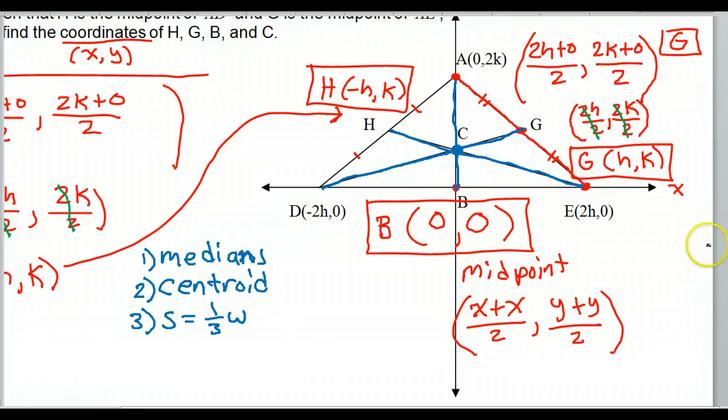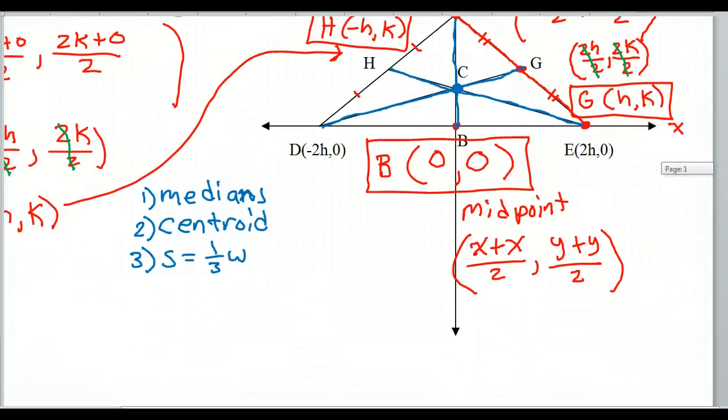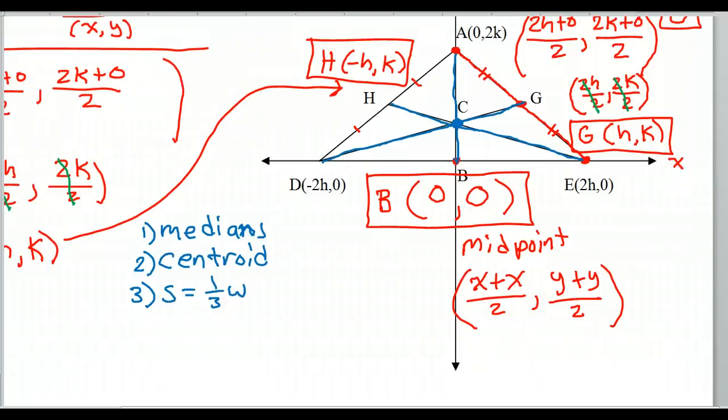Well, look, our goal is to find the coordinates of C. That's the one thing that's left, the coordinates of C. Now here's the deal. As we try to find the coordinates of C, one of those coordinates should be absolutely obvious. Can you tell me either the x value or the y value right now?